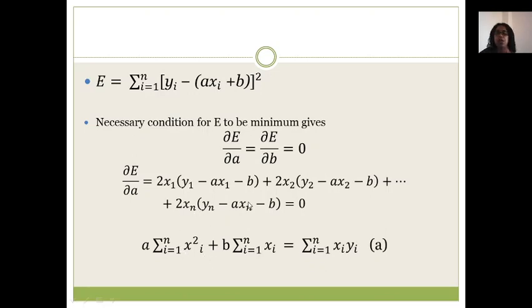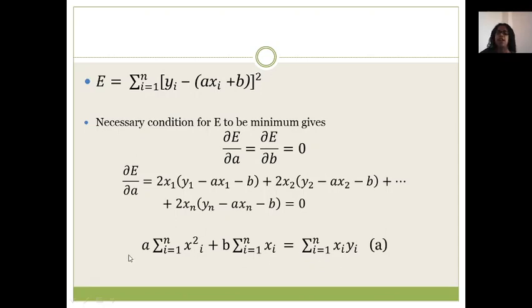What we are going to do is keep the xn yn term on the right hand side, and all the other xn squared and xn terms on the left hand side. So rearranging, because this is equal to 0, you can move these terms to left and right as we wish.